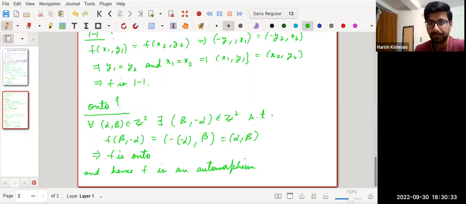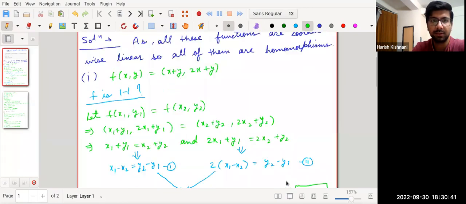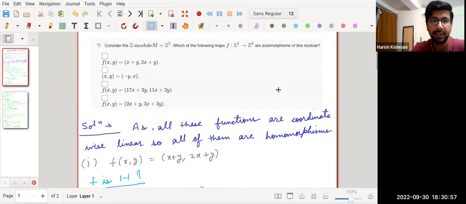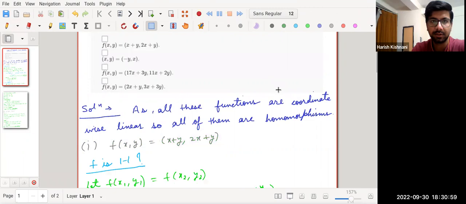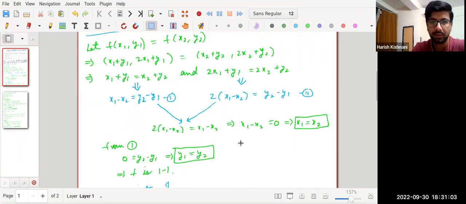So the first and second one we have checked. Now it's time for the third one. So let's see the third example. So it says 17x plus 3y.